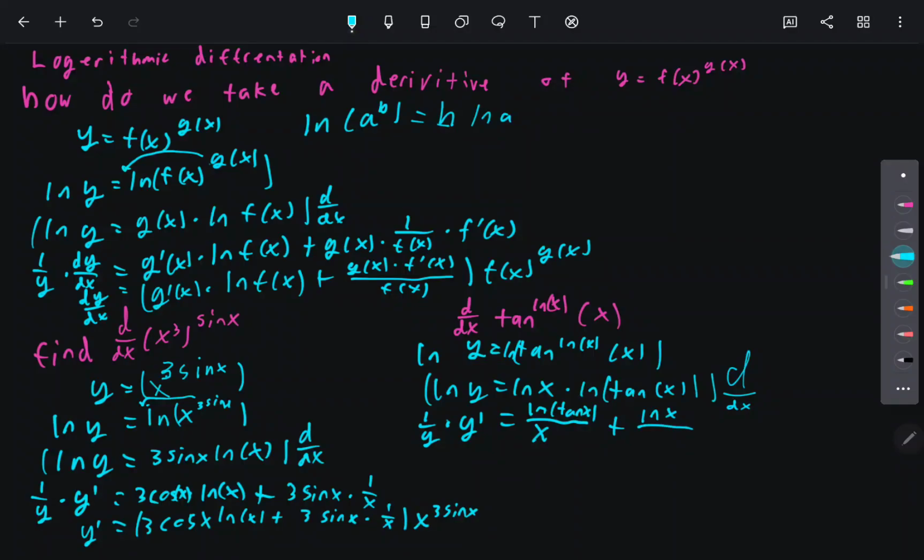The derivative of the natural logarithm is going to be 1 over x, so that's going to be a tangent of x, times by the derivative of tangent. The derivative of tangent is secant squared, so we get times by secant squared. And then finally, we multiply the y over, so what we get is times that by y. We know that y is equal to tangent natural logarithm of x.